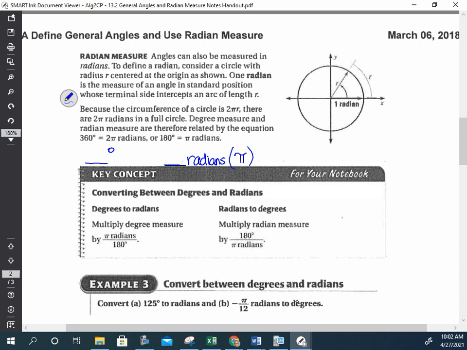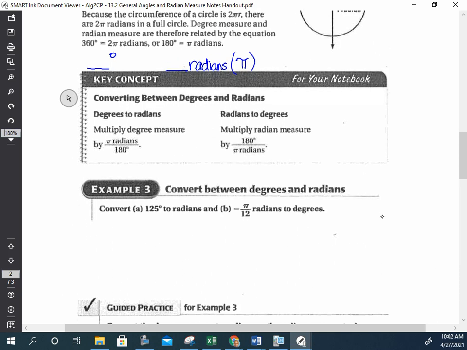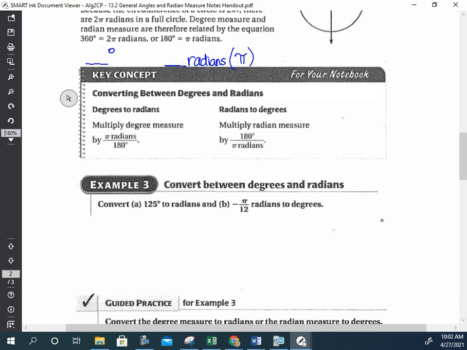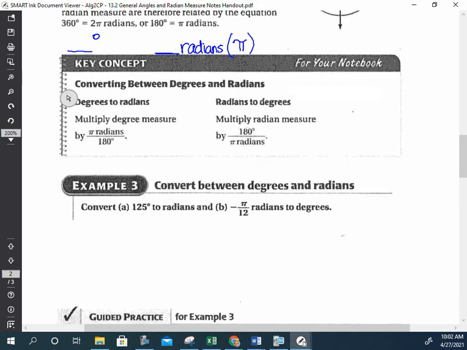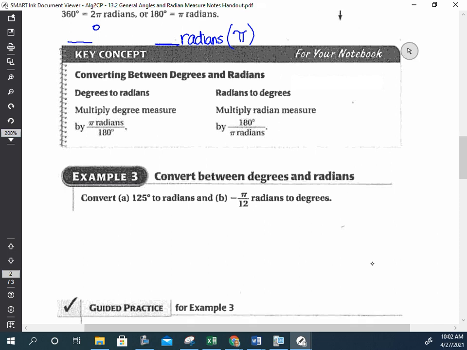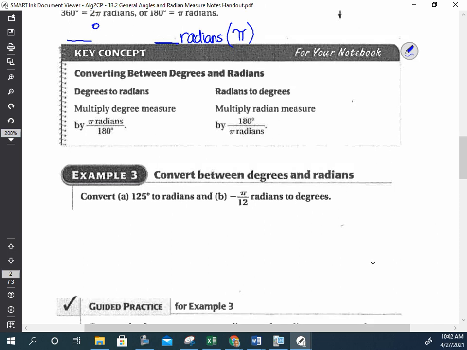So the question is, how do you change back and forth between the two? We're going to start with changing from degrees to radians.